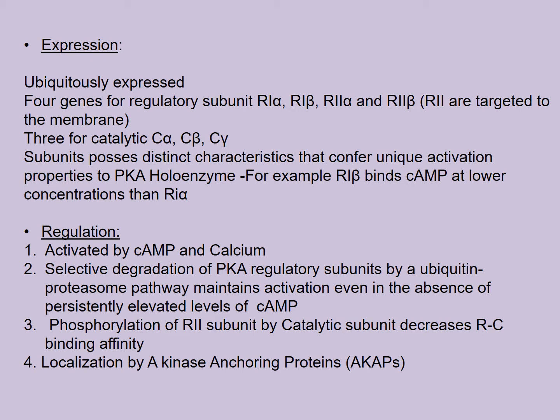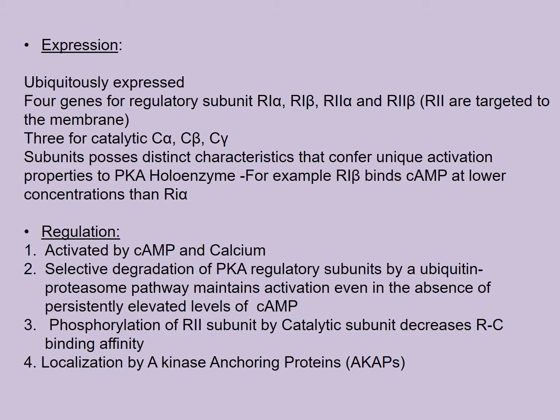Also, the regulatory subunit can be phosphorylated by the PKA catalytic subunit, and that phosphorylation is going to decrease the binding affinity of the regulatory subunit to the catalytic subunit. And finally, it can also lead to changes in the expression levels of regulatory subunits. If you express less of the regulatory subunits, you will have more of the catalytic subunits, and therefore you will have enhanced or maintained activation of PKA.